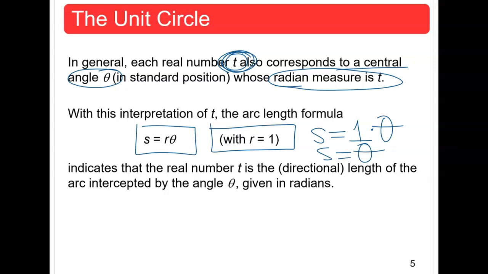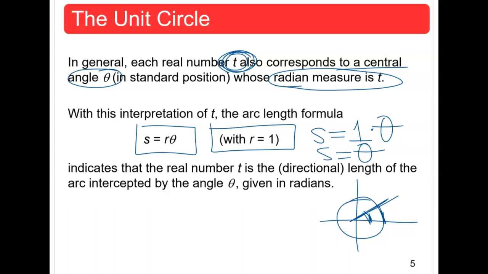So that indicates that when the radius of the circle is equal to 1, and that's why we need a unit circle, and that's why we define it that way, then both the central angle and the arc length will have the exact same measurement.